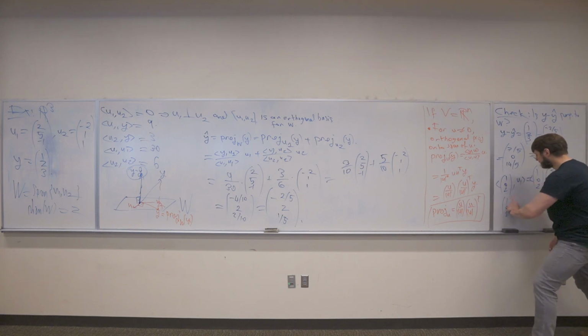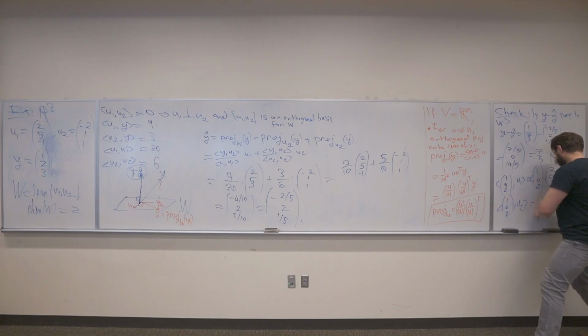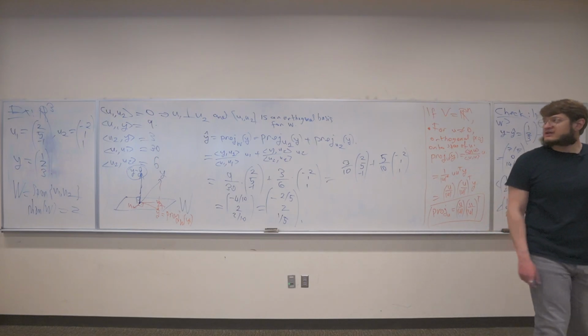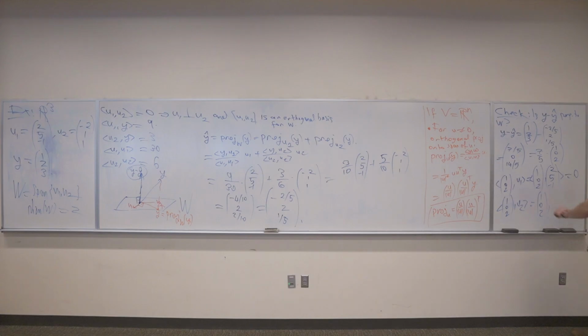Okay, (1, 0, 2) against u2, which is (minus 2, 1, 1): minus 2, 0, plus 2, that's 0. So you see this discrepancy vector, some scalar multiple of this, is indeed orthogonal to the basis vectors.